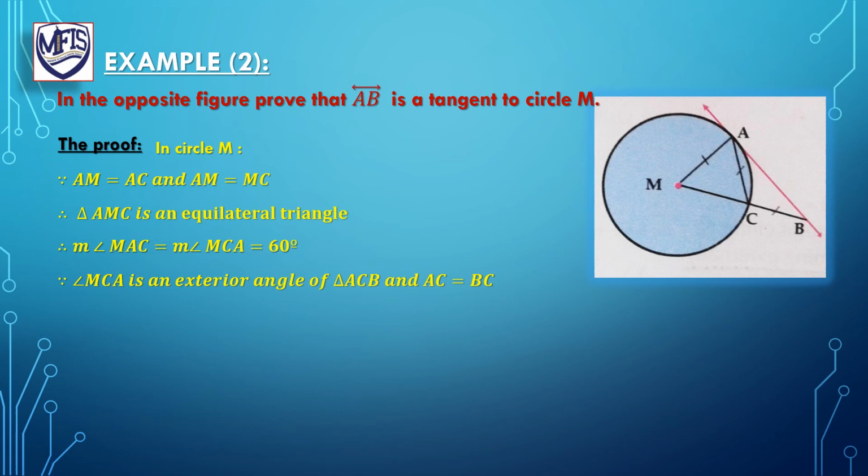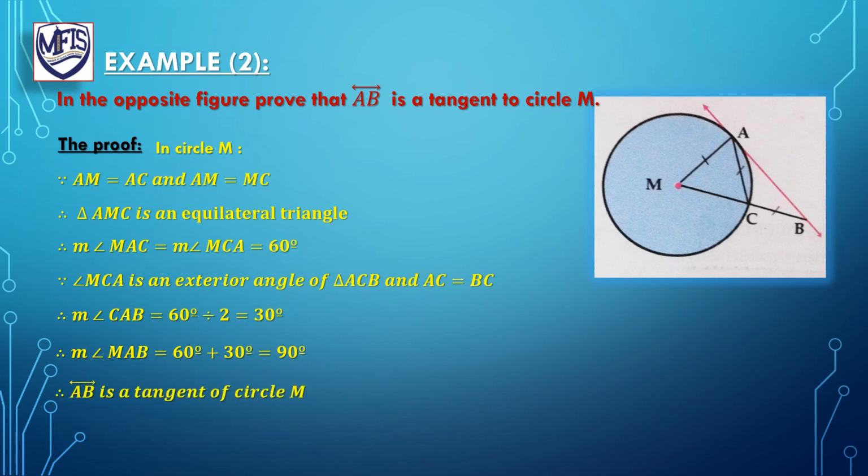Angle MCA is an exterior angle of triangle ACB and AC equals BC. Therefore, measure angle CAB equals 60 degrees divided by 2 equals 30 degrees. Now measure angle MAB equals 90 degrees. Therefore, straight line AB is tangent of circle M.